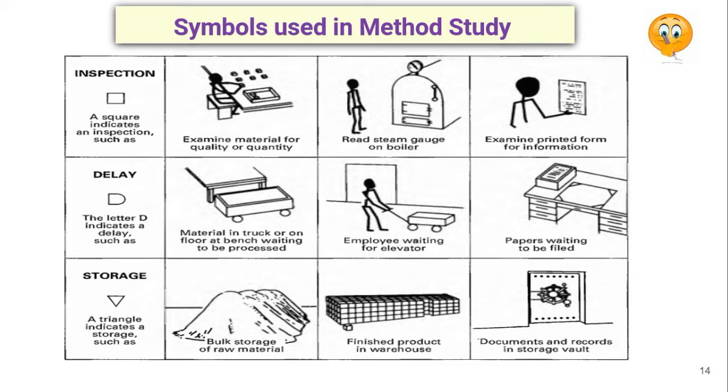Delay is also known as temporary storage. And finally storage. A storage occurs when the object is kept in authorized custody and is protected against unauthorized removal. For example, material kept in a store to be distributed to various work centers.